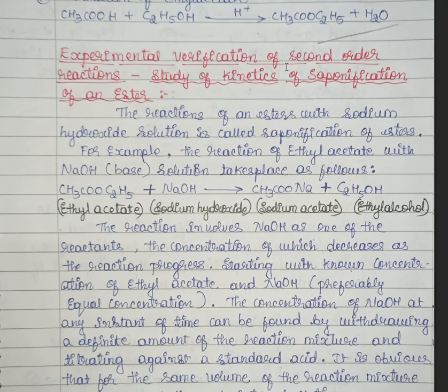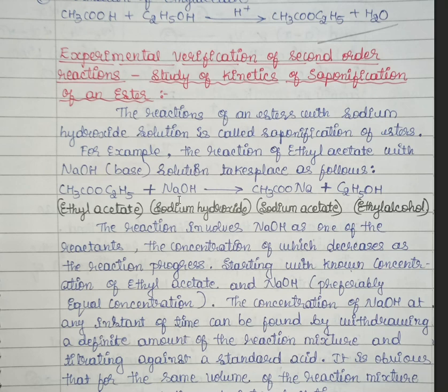Next is the experimental verification of a second order reaction, the study of kinetics of saponification of an ester. In this reaction, ethyl acetate is treated with sodium hydroxide to form sodium acetate and ethanol, that is, ethyl alcohol. Here we consider the decrease in the concentration of NaOH as the reaction proceeds.